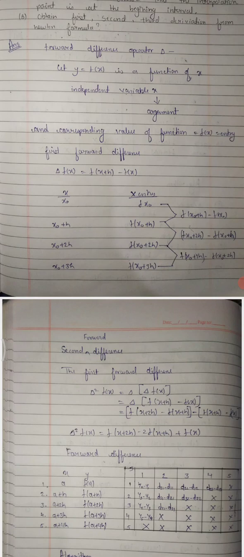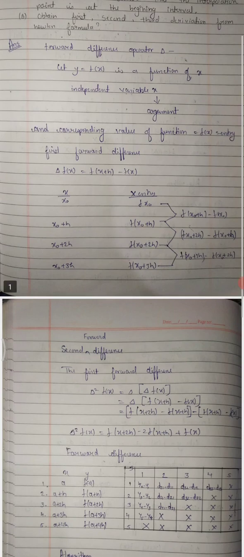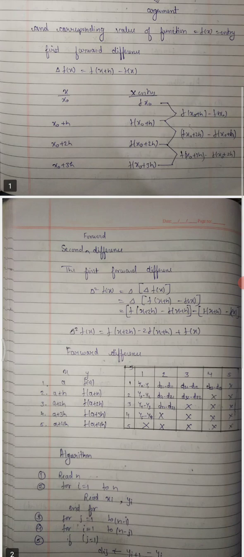Then we conclude f of x naught plus h minus f of x naught, then f of x naught plus 2h minus f of x naught plus h, and f of x naught plus 3h minus f of x naught plus 2h. Then for the second forward difference.